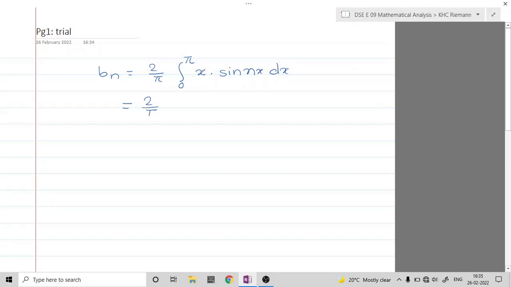Let us evaluate this integral. Again integration by parts. Again this is first, this is second, because derivative of x vanishes early. Derivative of x is 1, then derivative of 1 is 0.